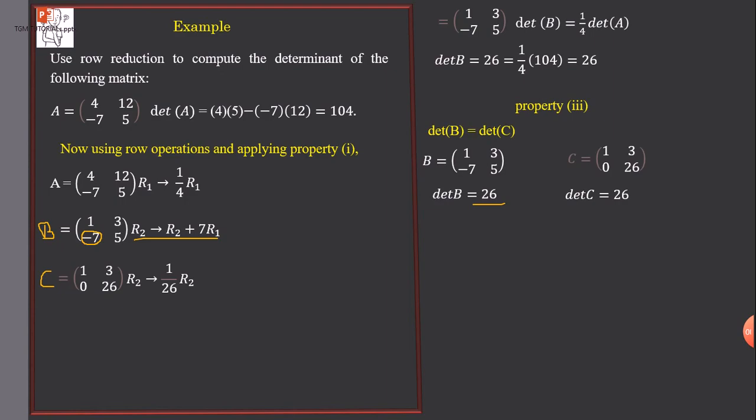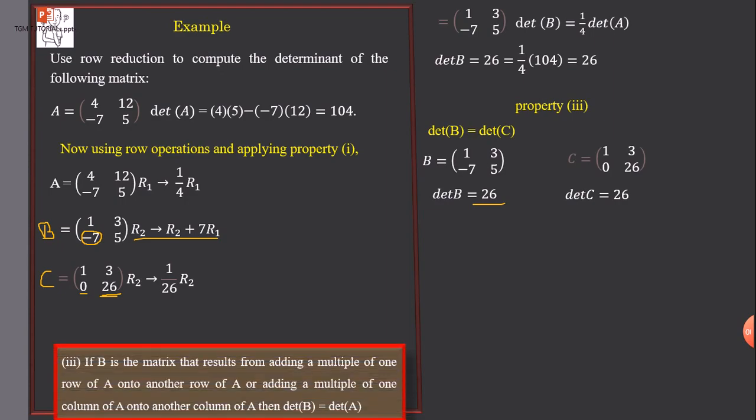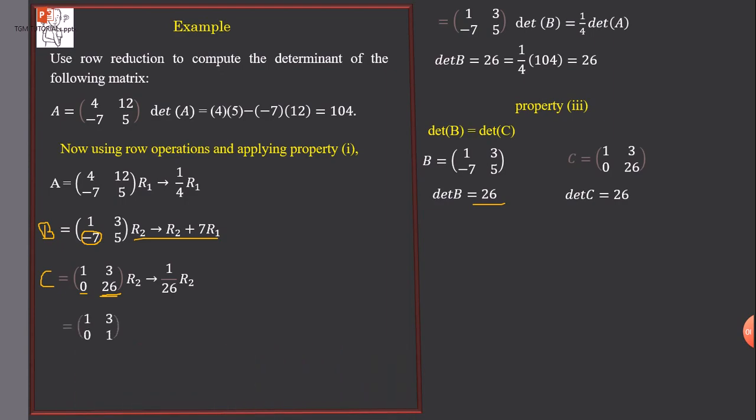We are going to carry out another operation to make sure that where we have 26 we get a 1, by multiplying 1 over 26 throughout row 2. 1 over 26 multiplied by 0 we still get a 0, and 1 over 26 multiplied by 26 we get a 1. That is 1, 3, 0 and 1.